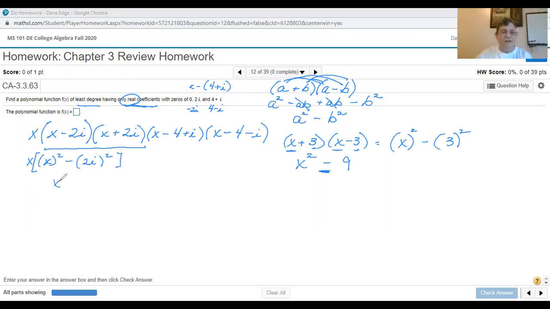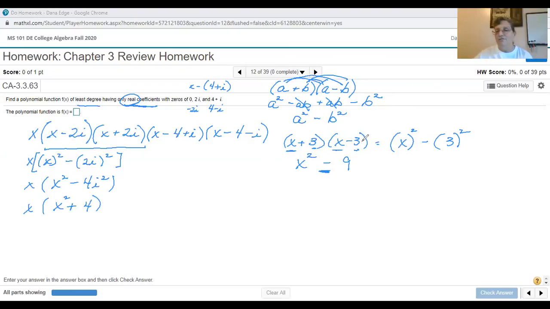So this is going to turn out to be x squared minus 4i squared. And since i squared is negative 1, minus 4 times a negative 1 would be a plus 4. So this is actually going to turn out to be x squared plus 4 multiplied out.